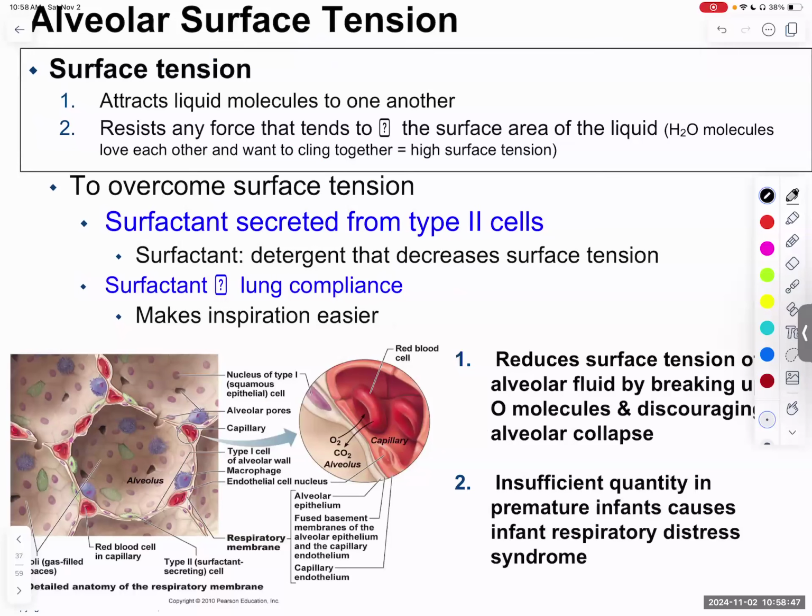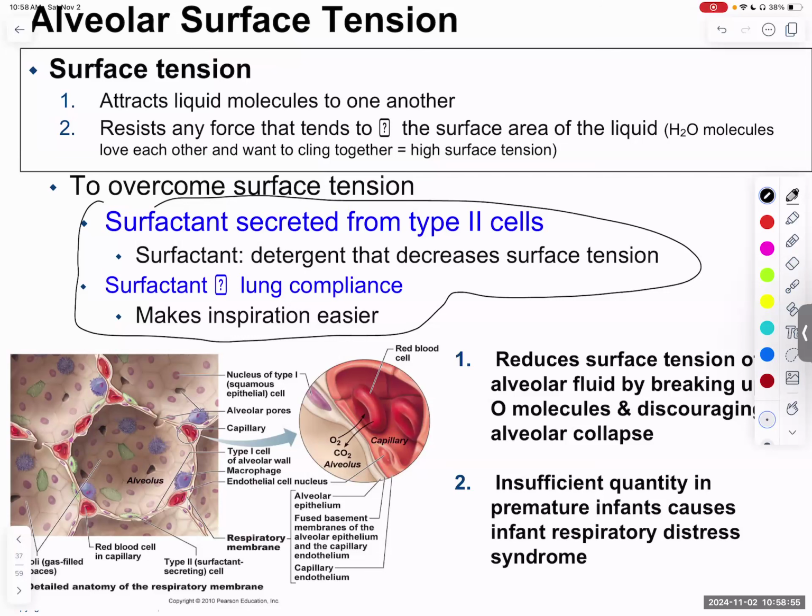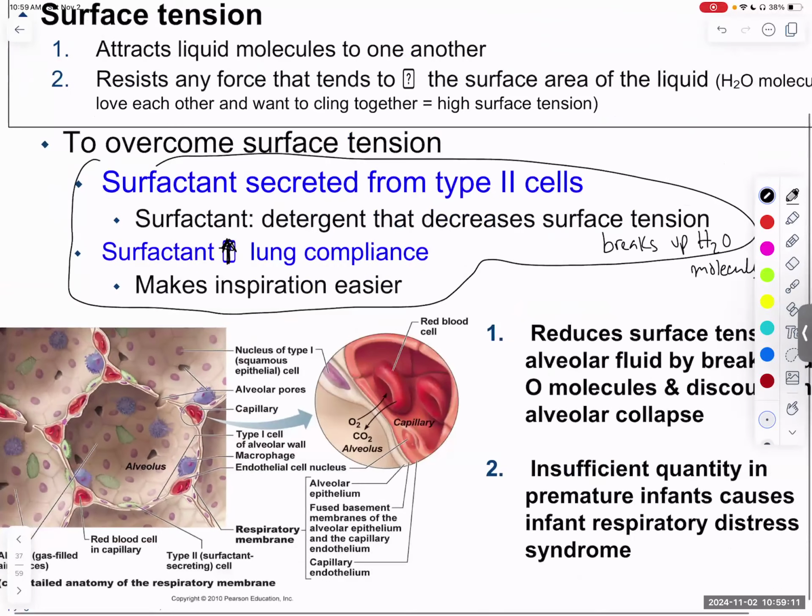So this goes into alveolar surface tension and surfactant, and I had talked about this earlier. It's a detergent that breaks up water molecules, and so it can increase lung compliance, makes it easier for you to have a nice blown up surface area for gas exchange.